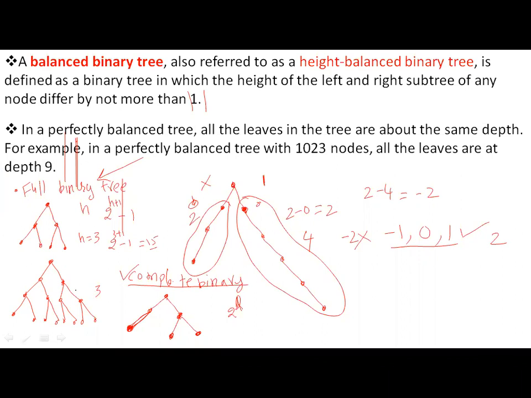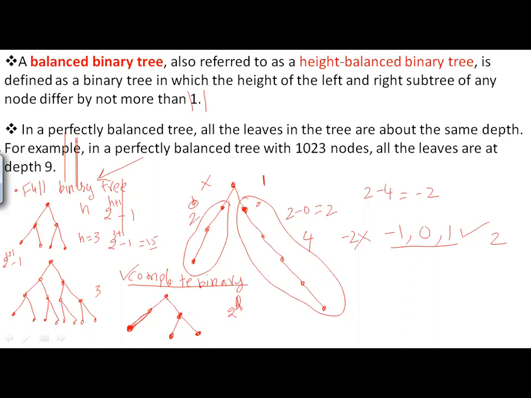Okay, so how many nodes are there? How many nodes are there in total? Maximum number of nodes, how many can you have with this depth, or what is the height of this tree? Height is also 0, 1, 2, 3. Then you can have 2 power of 3 plus 1 minus 1.